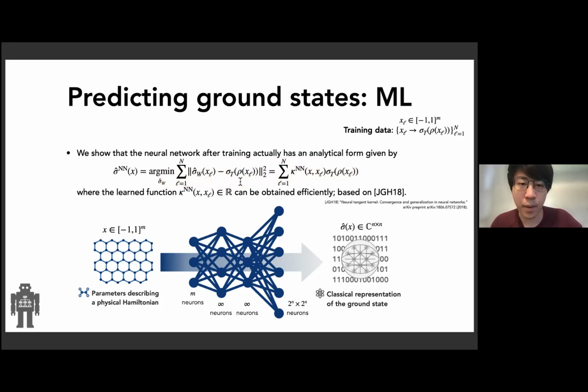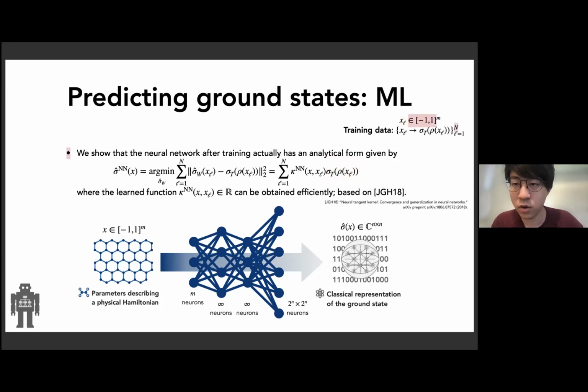So one could show that by doing gradient descent in these infinitely wide neural networks, the resulting trained neural network actually can be written in the form that's shown here. So basically, there's this function, kappa nn, that's some learned function, which can be obtained efficiently on a classical computer. And the sigma t rho of x_l corresponds to the classical representation inside the training data.